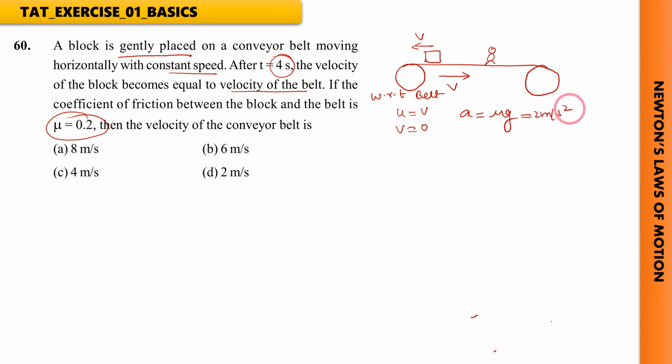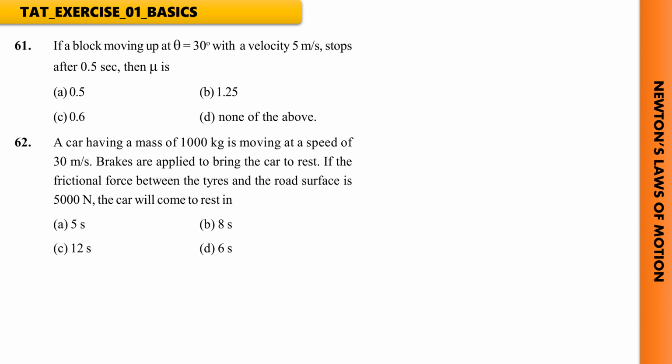Mu is 0.2 and g is 10, and we have the time in which this is happening, which is 4 seconds, right? So what is the initial velocity? The formula that we'll be using is v equals u plus at. Final velocity 0, initial velocity V, minus 2 into 4, and this is giving us 8 meter per second, right? So the answer is A.